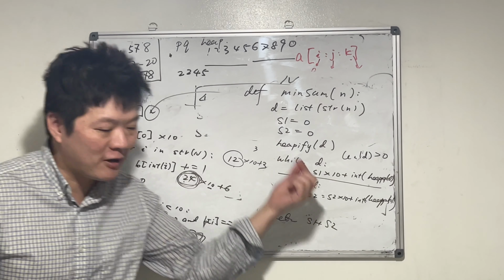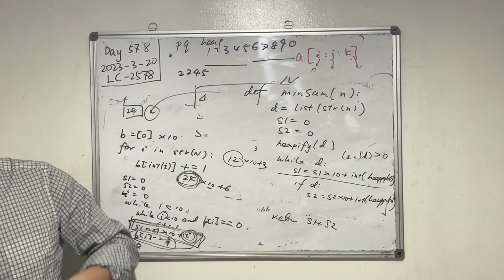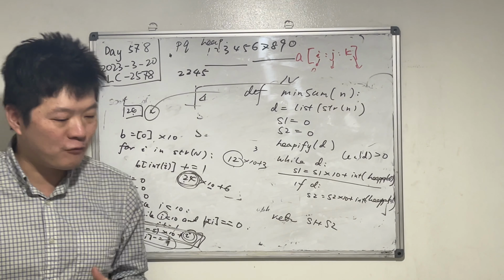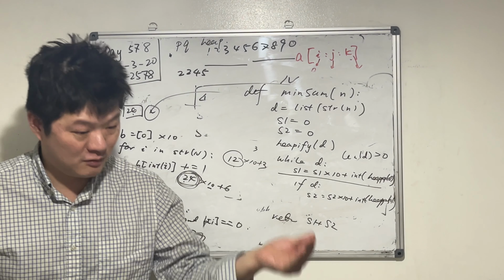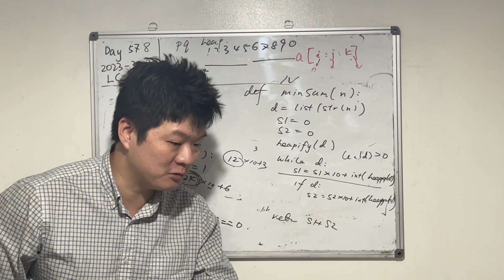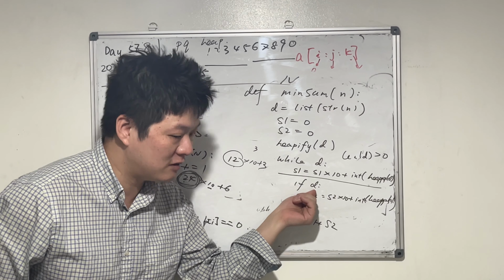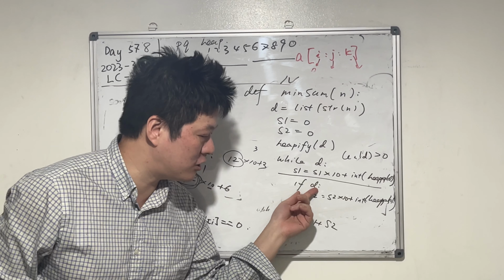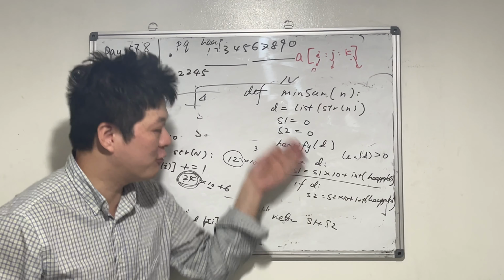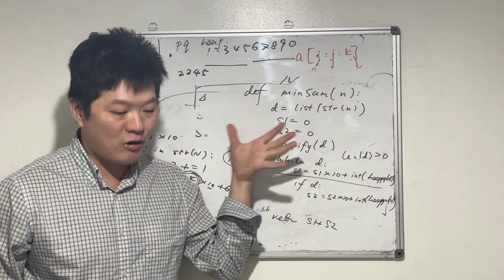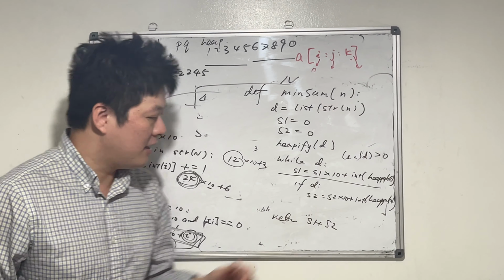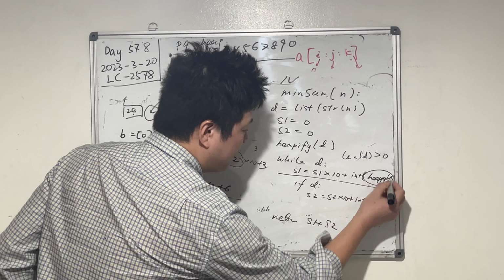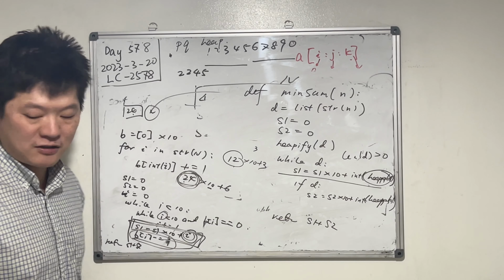After we take one digit, because we're taking digit by digit, we give one digit to S1, and then we check if there are more digits to give to S2. If we still have at least one digit, then we give it to S2. And we repeat this process until all the digits are taken up. The key thing is that heap pop is taking, just like a queue, right?